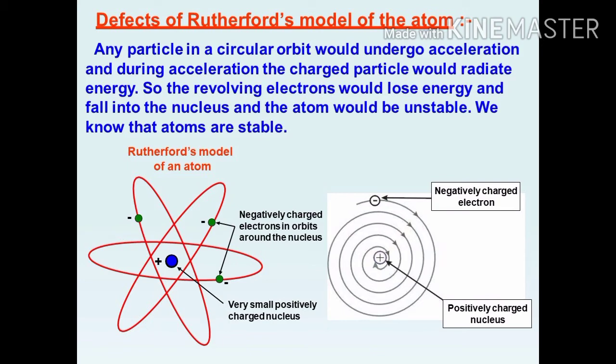The protons get more energy, but the electrons lose energy. So at last, according to Rutherford, when the electron loses energy, it will fall into the nucleus, so the atom becomes unstable in nature. Actually, atoms are stable in nature. This is one of the defects of Rutherford's model of the atom.